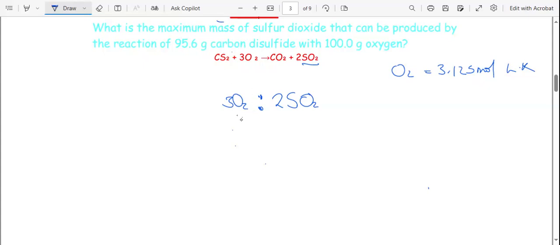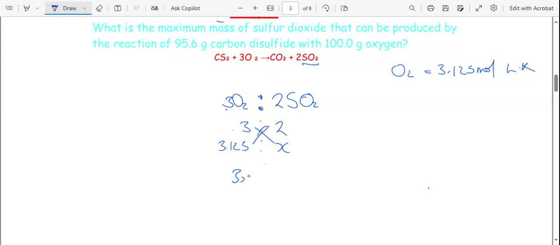So what we do is we have the mole ratio. Here we have 3, so these are the mole ratios. Here we have 2. Then we bring this side, where these are moles, by the way, the 3.125 moles of oxygen to the one we are looking for, sulfur dioxide. So we cross multiply like that.